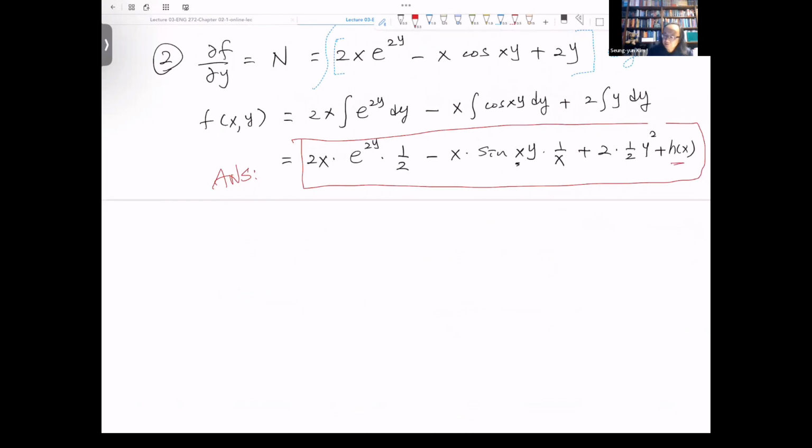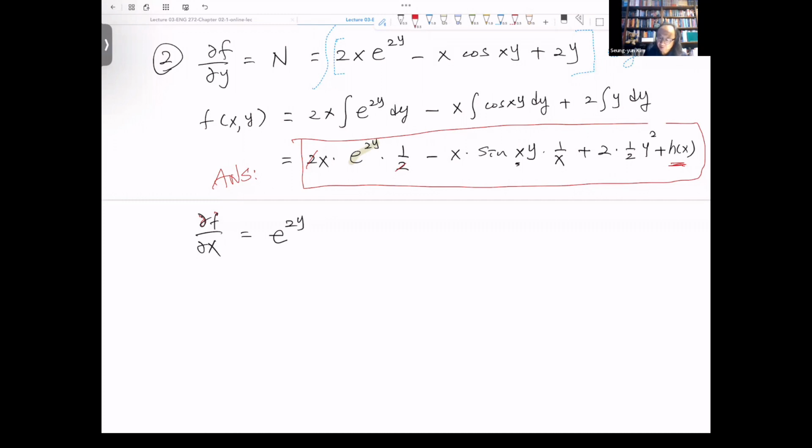So for h of x, we need to take this in terms of x. We can cancel 2 and 2 first. And this is a constant term. I don't see any x there. So we can just put e to the 2y.